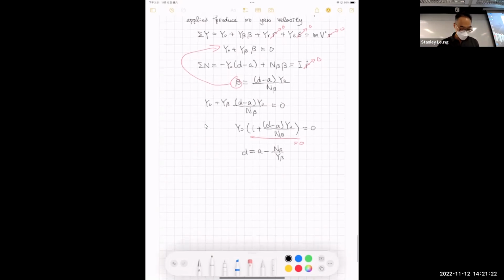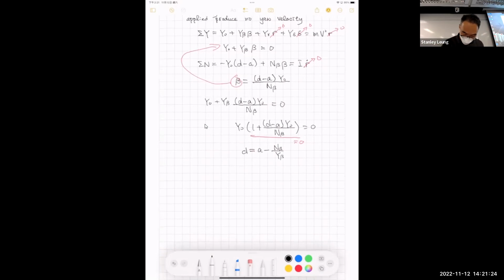Okay, and then if we try to make it dimensionless, maybe per our wheelbase.